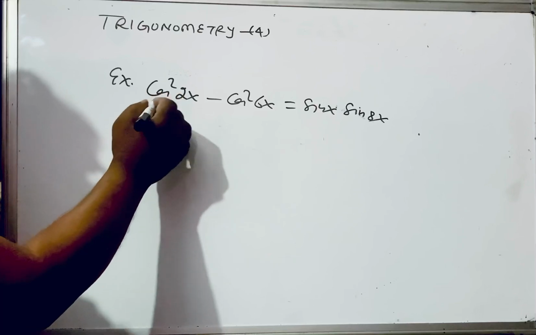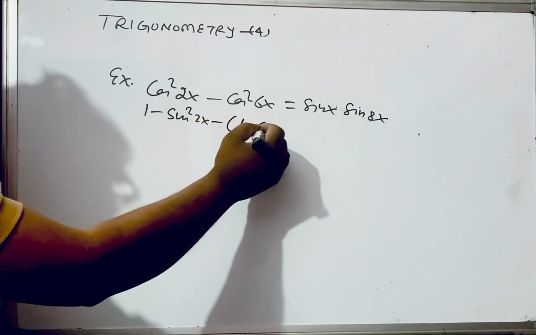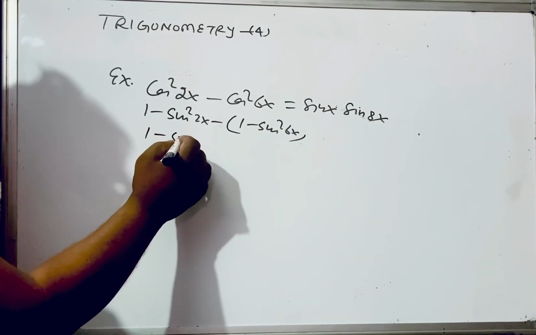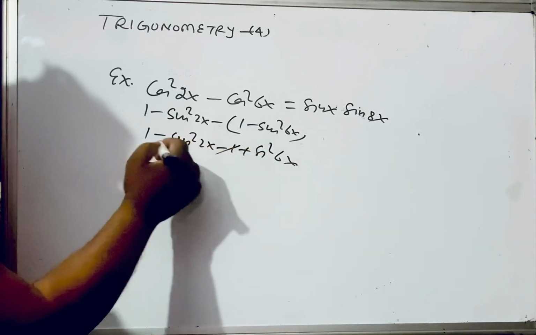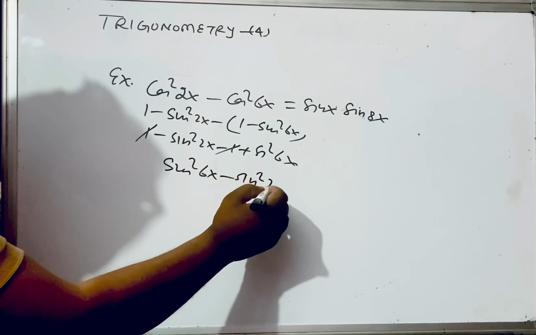Write cos square 2x as 1 minus sin square 2x, and this is 1 minus sin square 6x. This will be 1 minus sin square 2x minus 1 plus sin square 6x, which is sin square 6x minus sin square 2x.